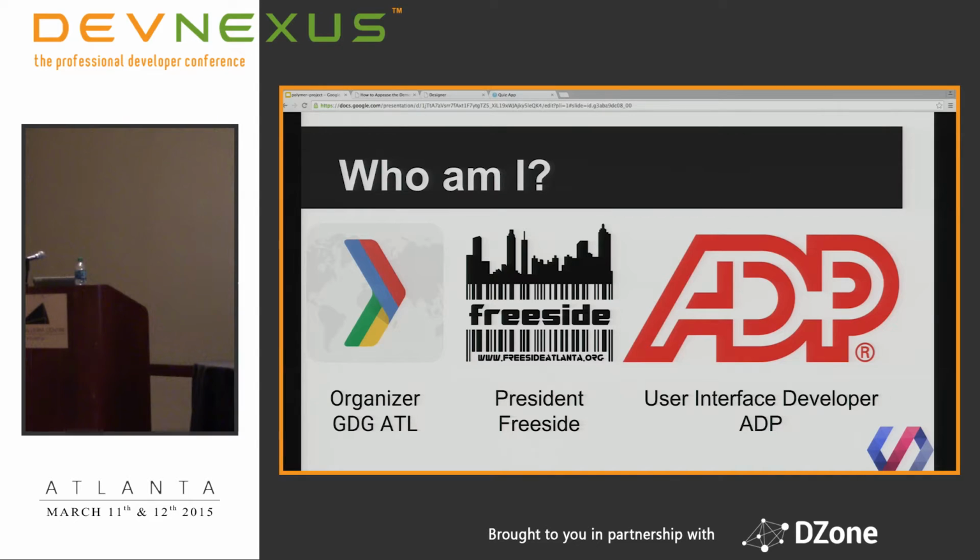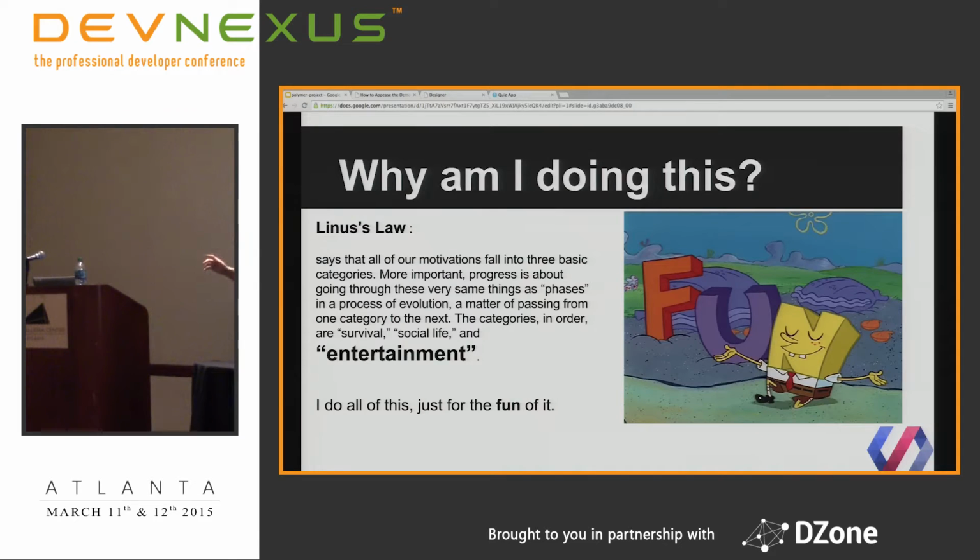I'm the president of a hackerspace called Freeside Atlanta. It's located in a scary warehouse in the West End. It's where we keep 3D printers and weird people. It's a great place to go to if you're a lunatic. I also am a user interface developer at ADP. It's a small business. You may not have heard of it. Unless you use payroll or checks or anything like that, then you're welcome.